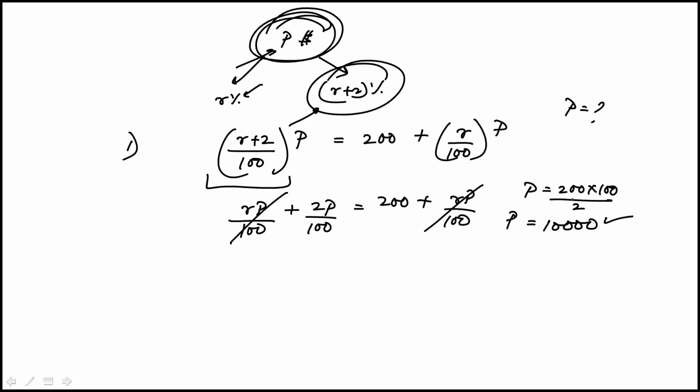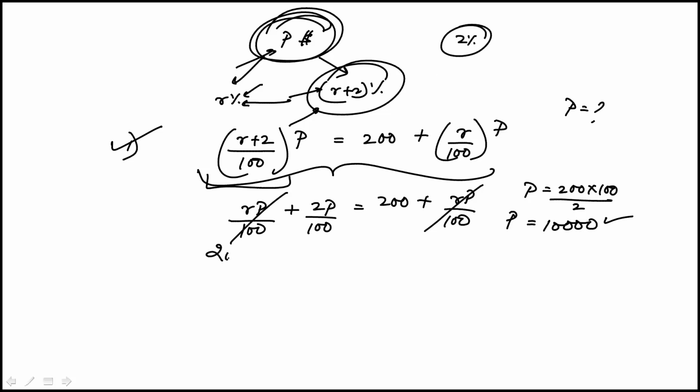So one is actually sufficient. Now, some of you could do it without doing this algebra, because the difference in the interest is that 2%. So that $200 really is that 2% that you would earn on P, and you'll notice that that's going to give you 10,000.